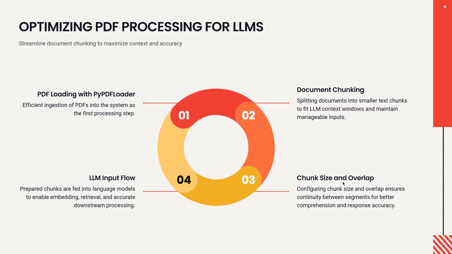Overlap is necessary because we need to have context that is related to one another. That is, the first part of the context needs to be linked to the second part, and for this a small overlap is required. The last part is the LLM input flow. These chunks are fed into the language models, and then they are processed for the query that the user gives.